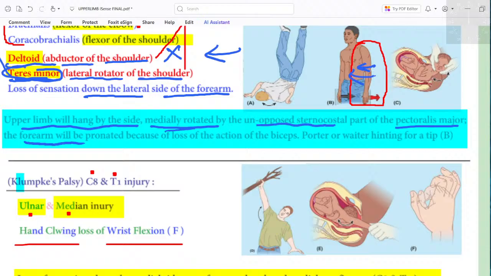The forearm will be pronated because of the loss of the action of the biceps, and porter or waiter hinting for the tip. These are all MRCS Part A questions. If you prepare here for Part B, you need not stress.